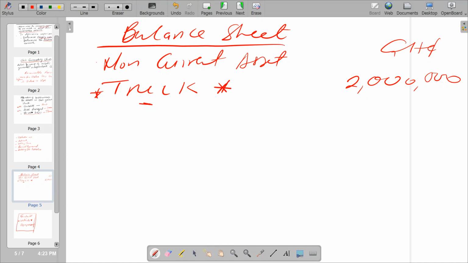We have not sold it yet. We are looking for a buyer, and once we get a buyer, we'll sell it. So should it still be under non-current assets, or we should put it somewhere?